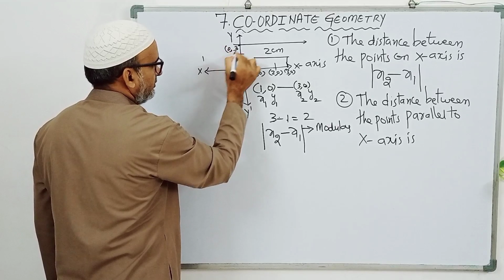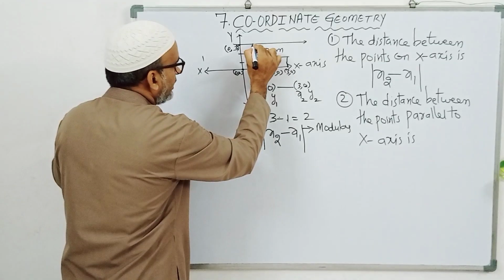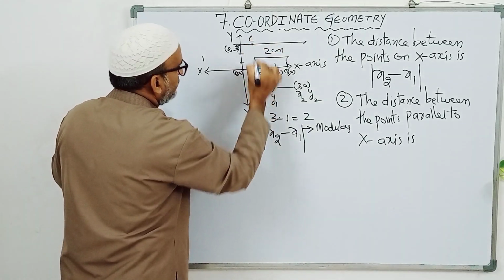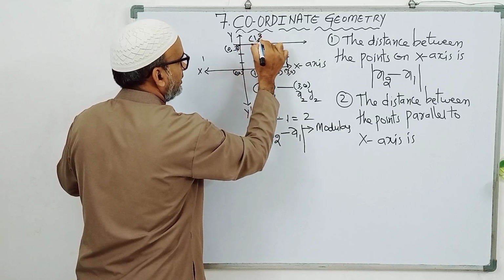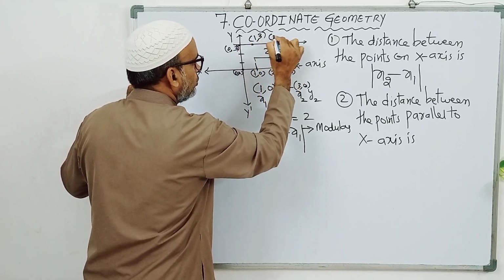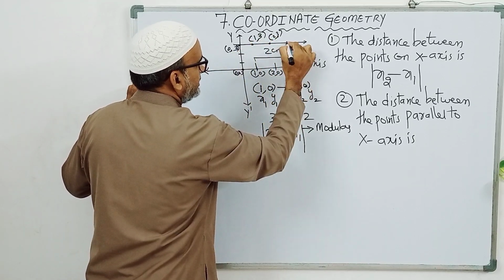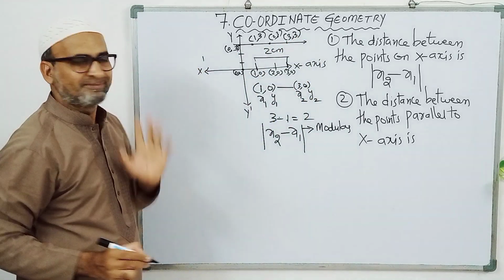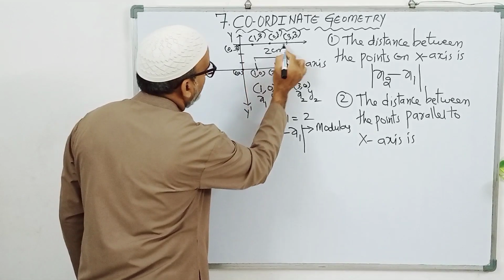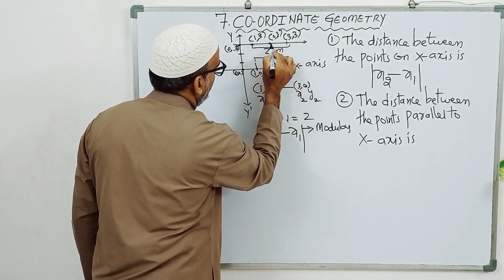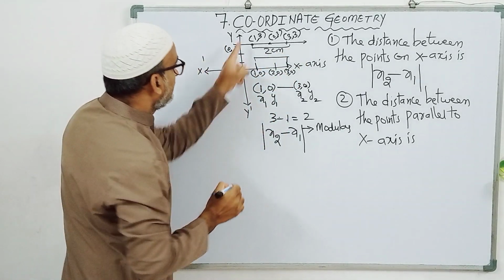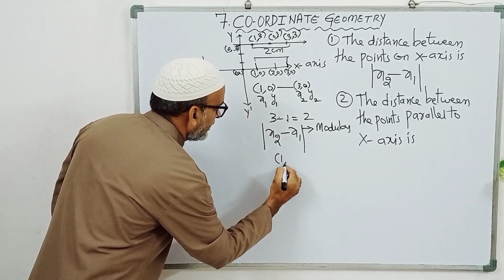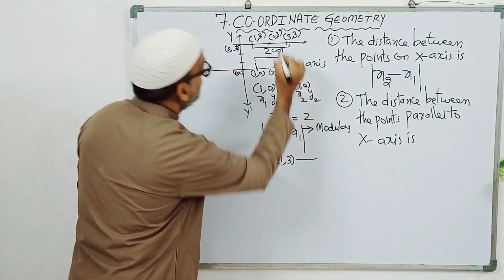Now you tell me the points: x is 1, y is 3; x is 2, y is 3; x is 3, y is 3. This is plotting. Now from here to here, distance 1 centimeter, 2 centimeter. From which point to which point? From 1 comma 3 to 3 comma 3.